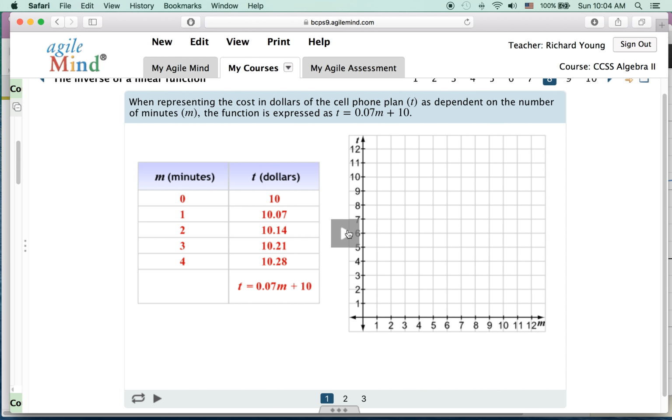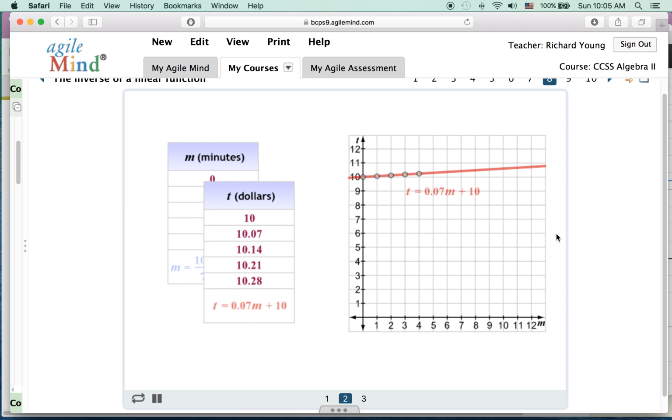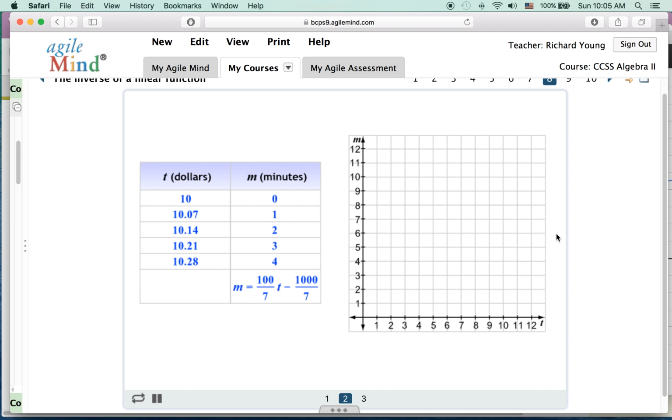We're going to look at an animation of that here. We are plotting the original data along that line. So the cost is a function of the number of minutes. Oh, we're flipping the axes. Now we're plotting the minutes as a function of the cost.